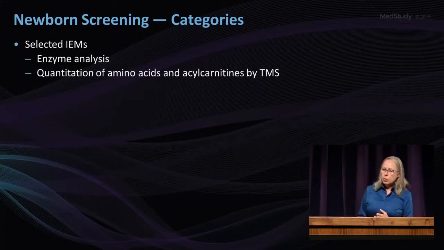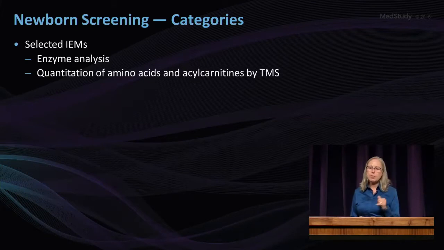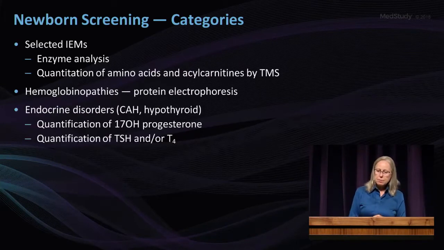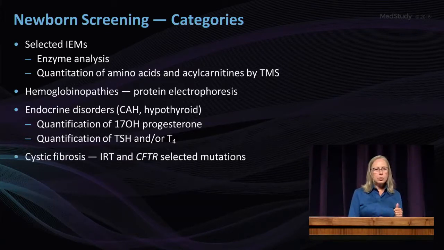So the categories of newborn screening are selected inborn errors of metabolism. We can do enzyme analysis. We can do quantitation of amino acids and acylcarnitines. We can do hemoglobinopathies by protein electrophoresis, endocrine disorders like CAH and hypothyroidism, and cystic fibrosis by immunoreactive trypsinogen and CFTR mutations.